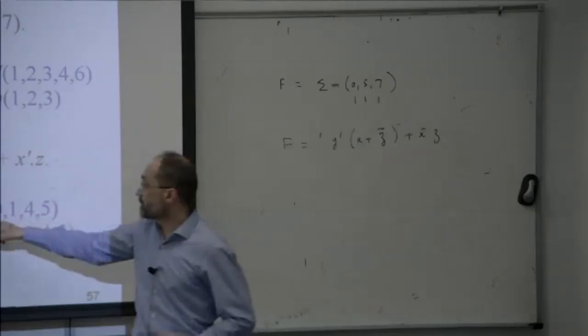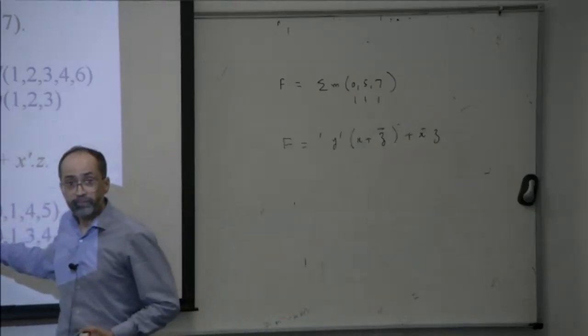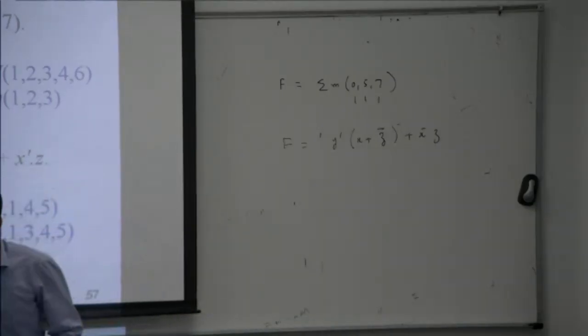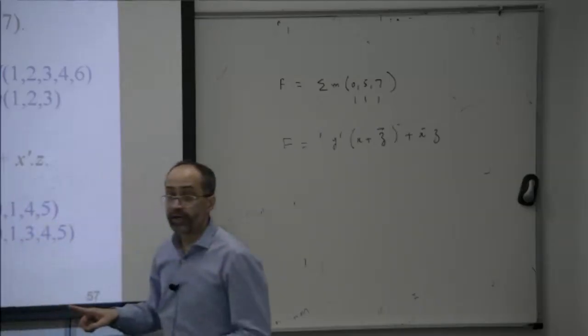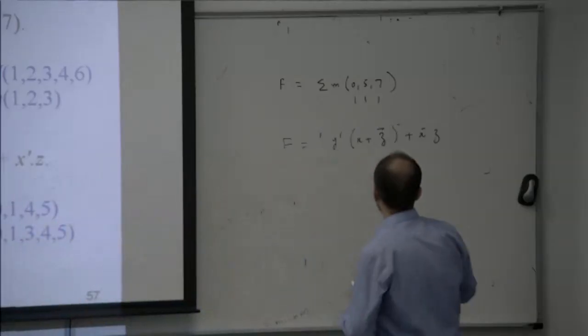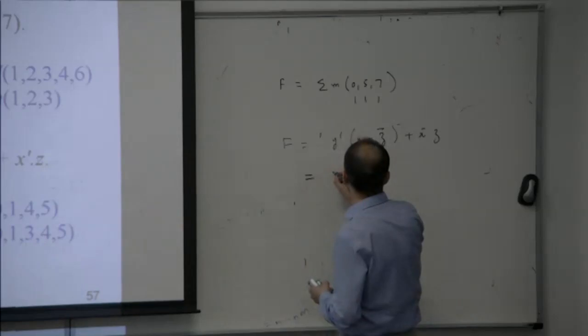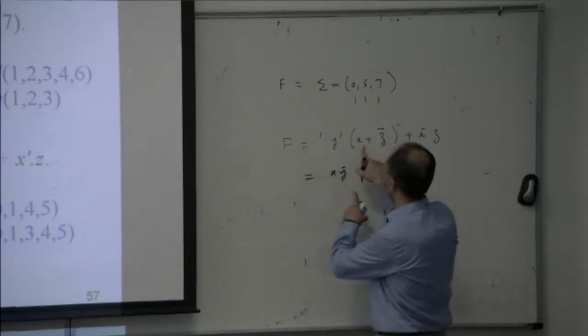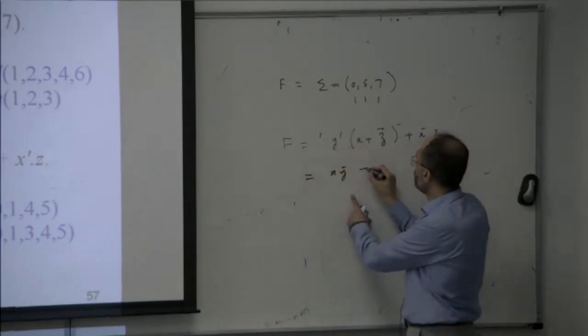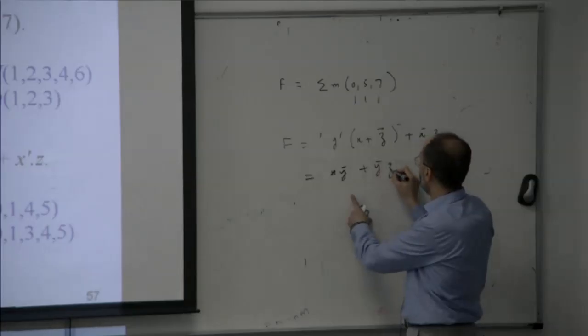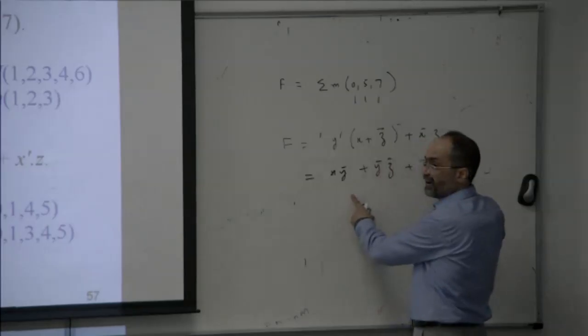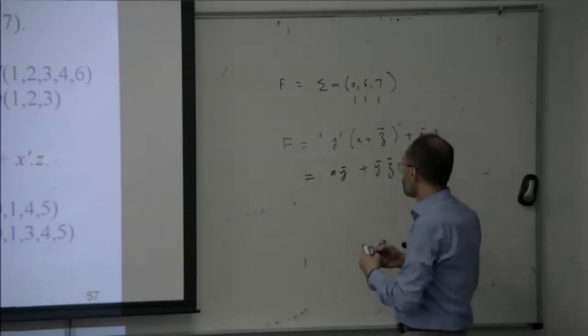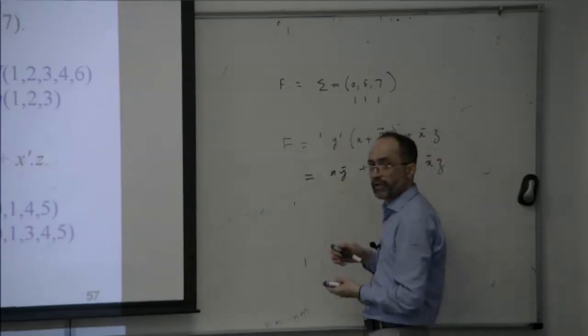Okay, now which expression is this? Sigma. It is the sum of products expression. It should include all of the literals: x, y, and z. So can we say something like this? x y bar plus z bar plus z. What is missing here? z.